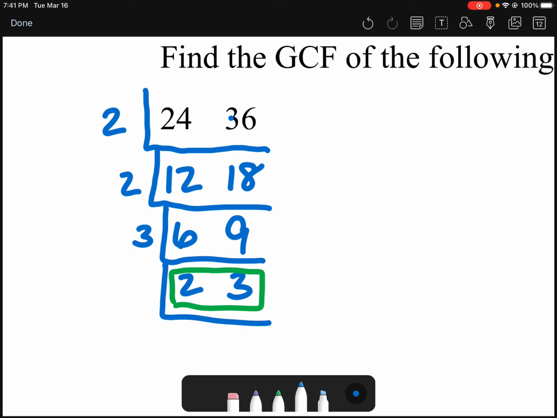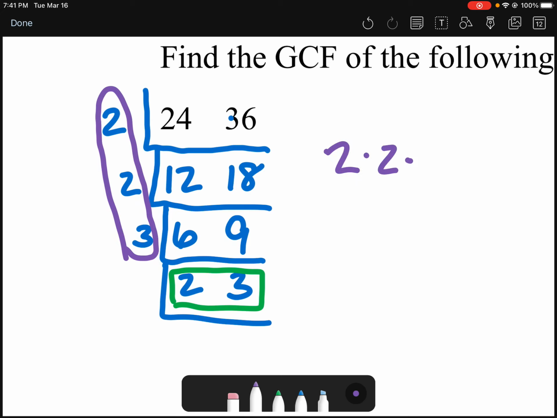That's the end. But now we have to take all of the numbers on the outside here, so 2, 2, and 3, and multiply them together. 2 times 2 is 4, times 3 is 12. So the GCF is 12.